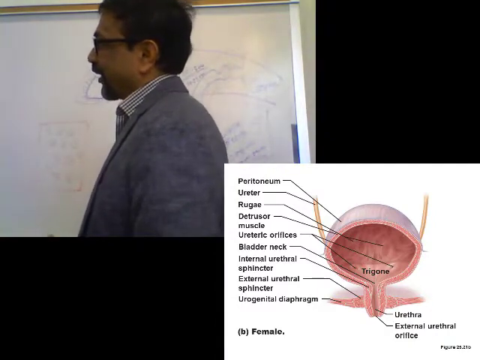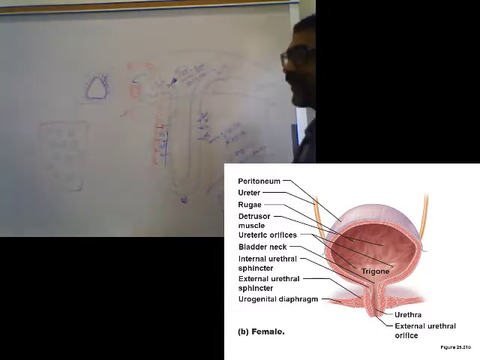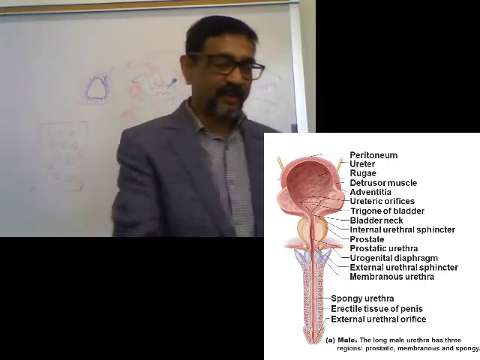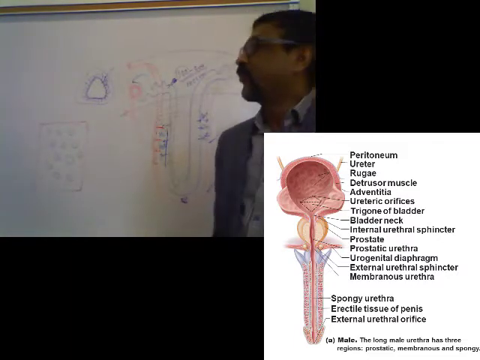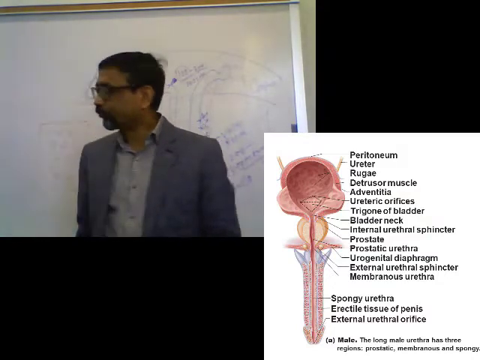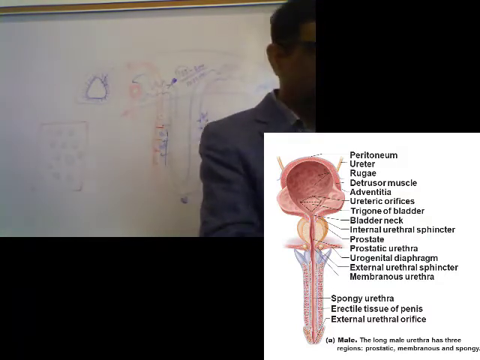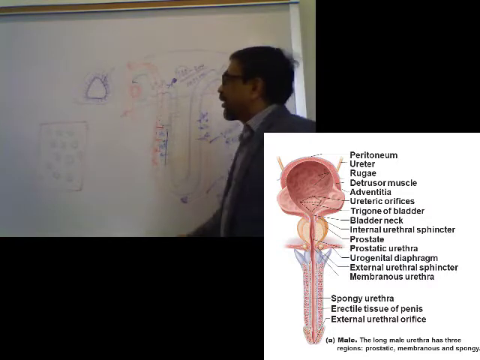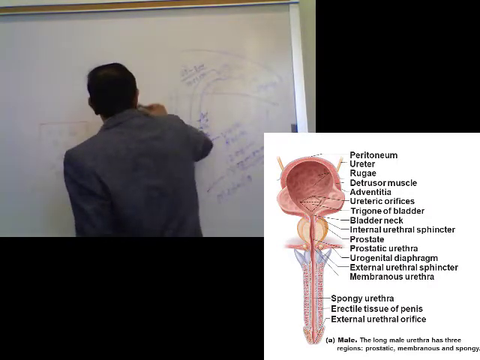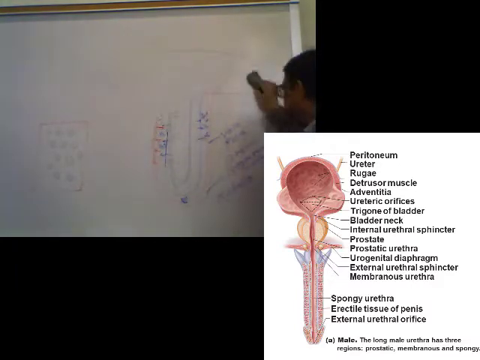This muscle has elasticity, more elasticity, can expand. And outermost layer is the fibrous adventitia. Adventitia is the outermost layer. So those are the three layers in the wall of the urinary bladder.